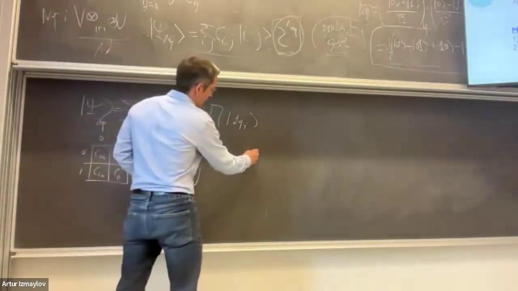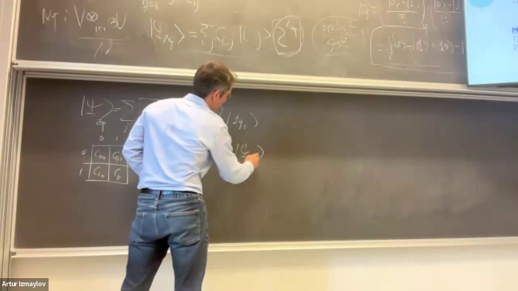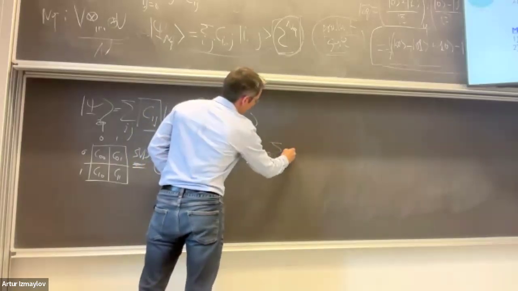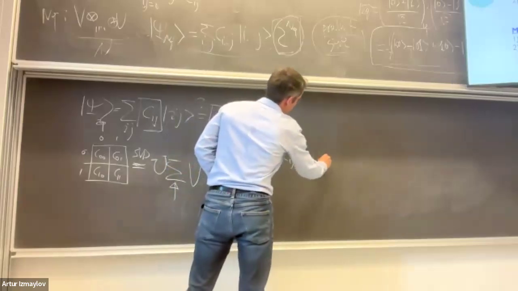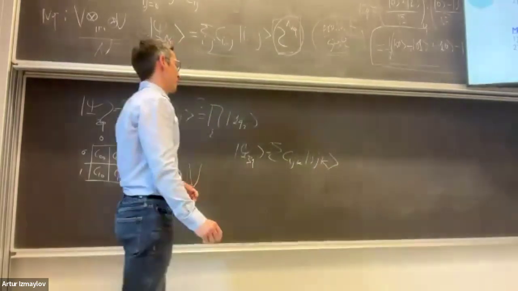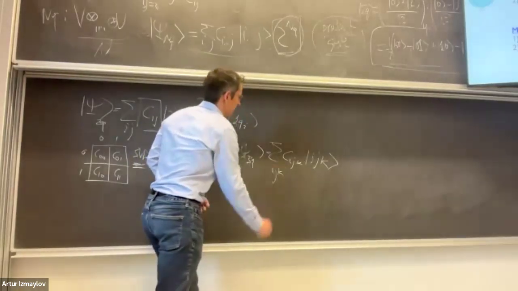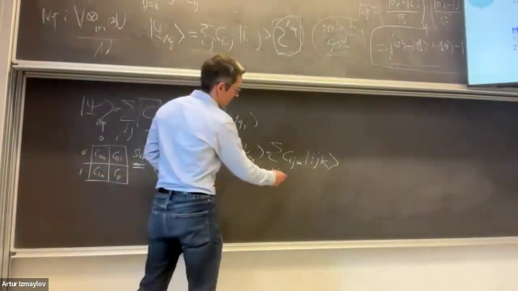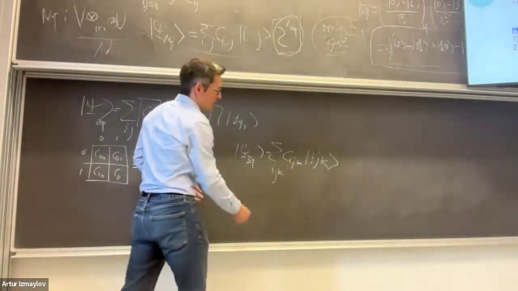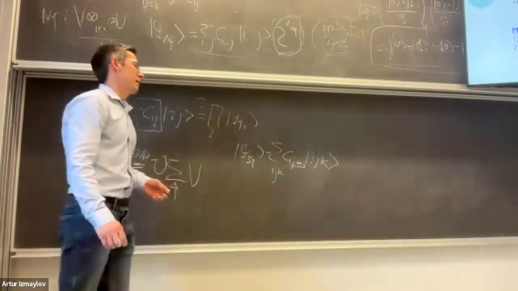Then psi for 3 qubits is generally a sum over Cijk times the ijk basis. If you want to know whether there is entanglement, you could start by doing SVD of Cijk, but now you construct it as a rectangular matrix.